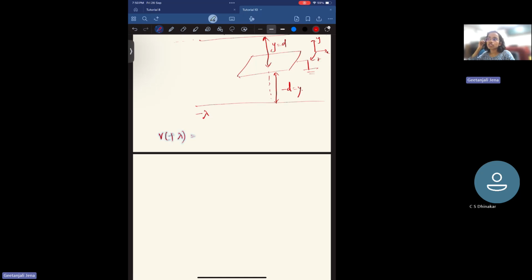From Gauss law, you can take the E. I think E should be lambda by 2 pi epsilon naught r. And when you do the line integral, there will be dr by r. So this will give ln r.